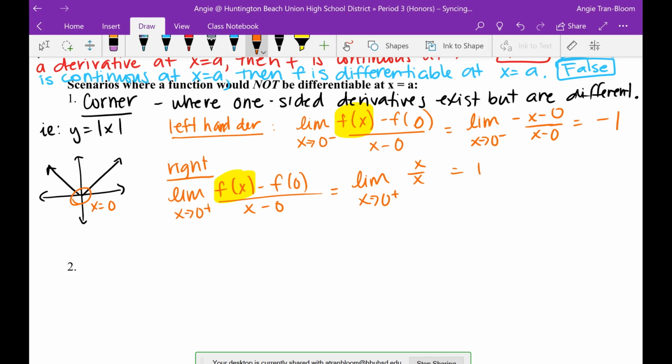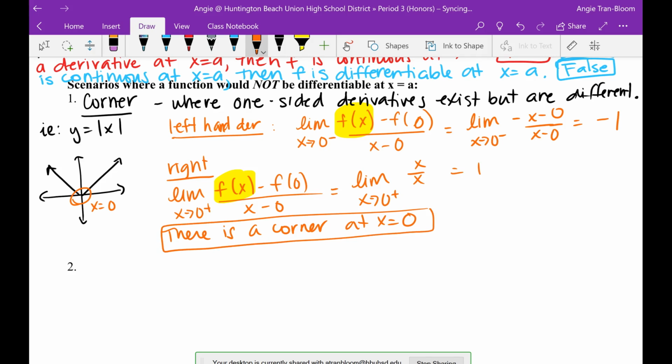Yes. Except they are not the same, just like we stated. So therefore, there is a corner at x equals 0. So that's when it is not differentiable, and the reason is because it's a corner.